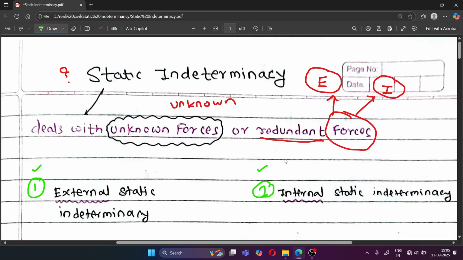I will explain in detail. In this video I am going to explain external static indeterminacy in detail. Before starting, I will give you an example.